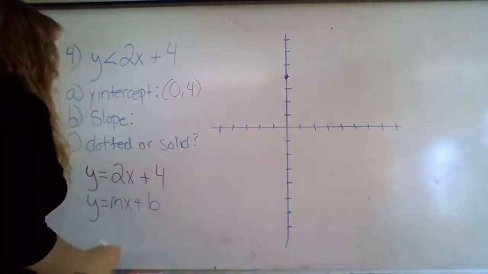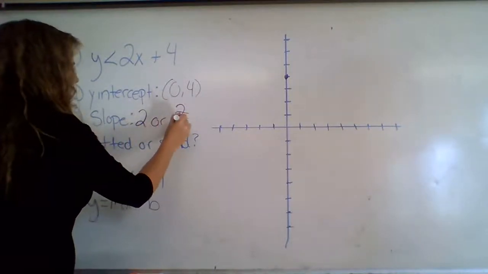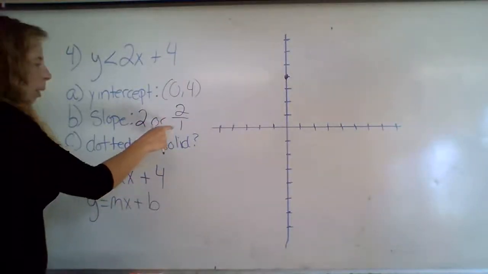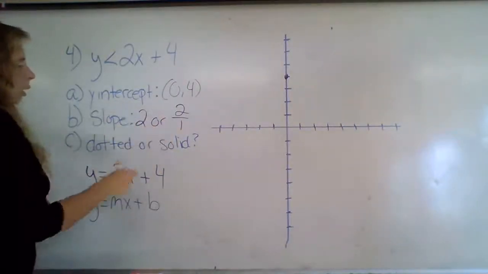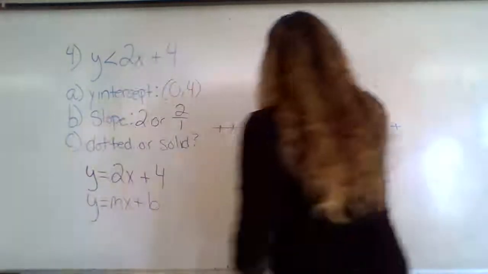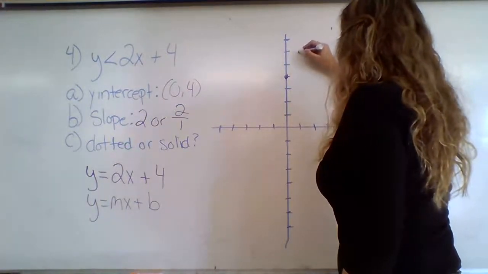That's our y-intercept. And our slope is 2, or you can write it as 2 over 1. Same thing. Okay, because 2 divided by 1 is just 2. So you're going to go up 2 over 1. All right? Up 2, 2 over 1 in the x direction.